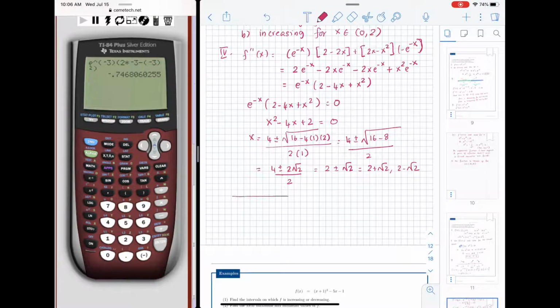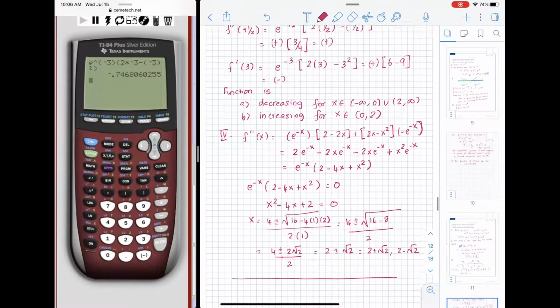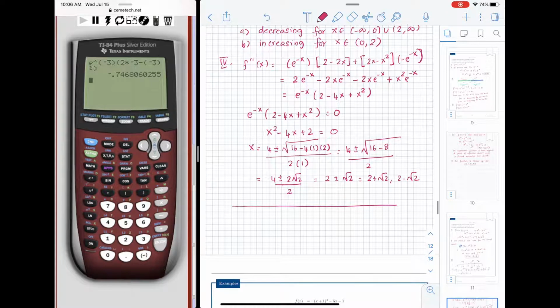So let's go ahead and put these points in. 2 minus root 2 is a positive number, and so is 2 plus root 2.